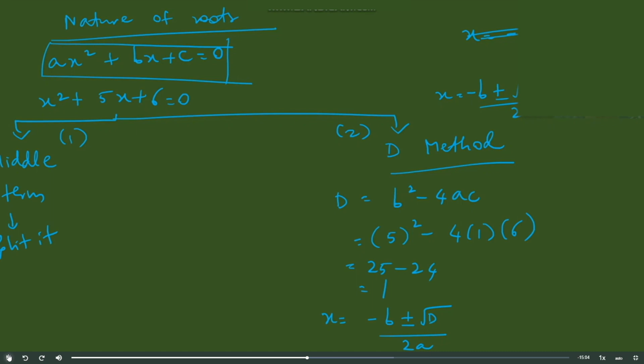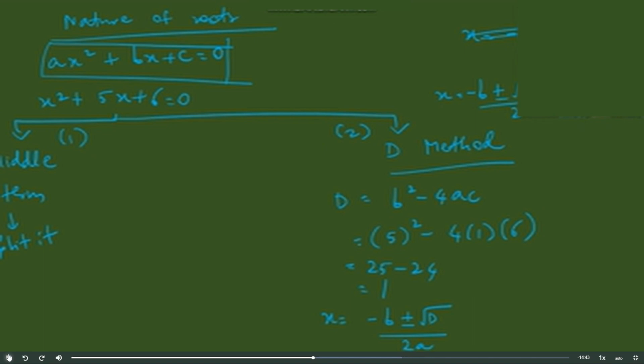Here we have already solved for D using B square minus 4AC, so directly apply minus B plus or minus square root of D by 2A. Why plus or minus? For quadratic equations, there are two solutions. One solution will be with plus and one solution will be with minus. So this is the critical formula.